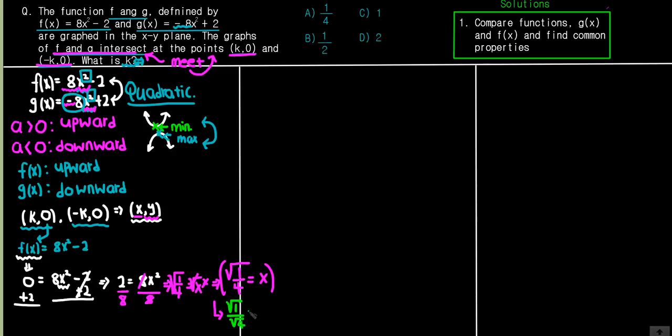Square root of 1 is 1 and square root of 4 is 2, so our x value is 1 over 2. But when we write our answer down, if we write x, we will get it wrong, because they mention the x term as the k value. So our k value is going to be 1 over 2, and our final answer is going to be B.